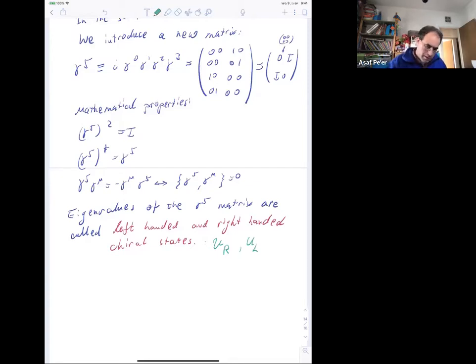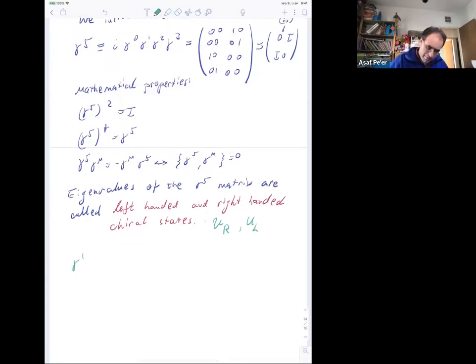So, since these are eigenstates, then gamma 5 UR is plus UR. Of course, gamma 5 UL is minus UL. And then gamma 5 of VR, it's the opposite, it's minus VR, and gamma 5 of VL is plus VL.